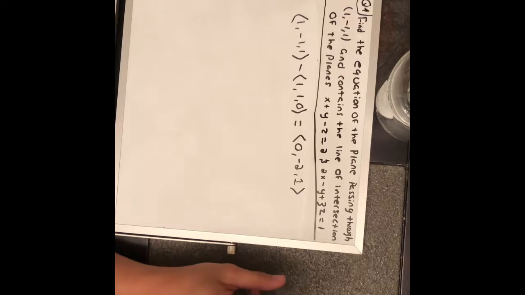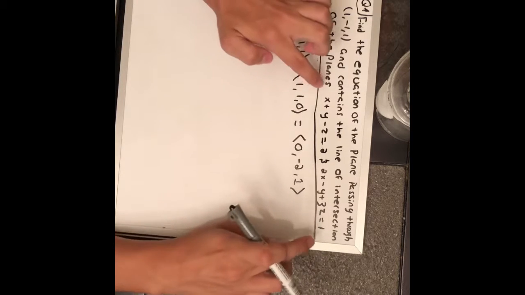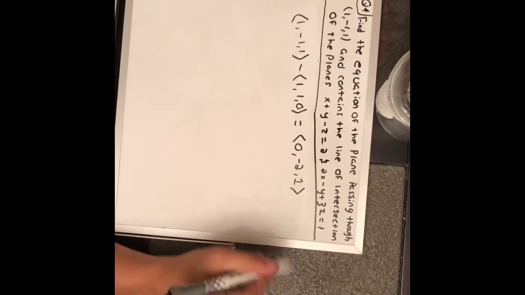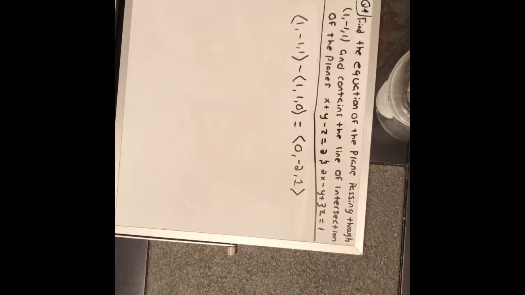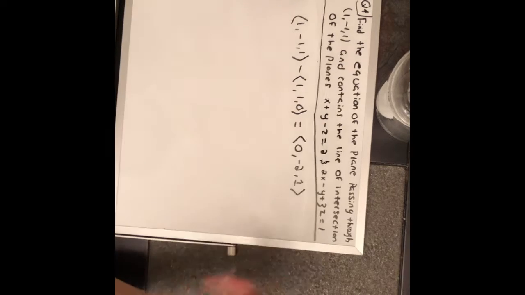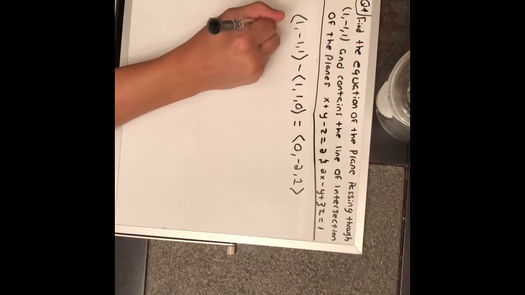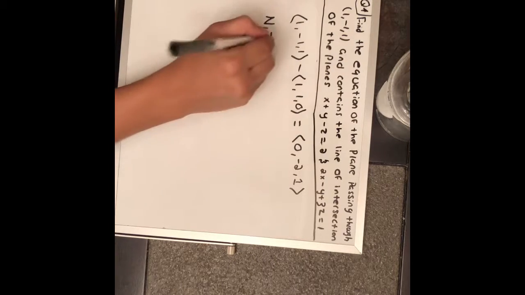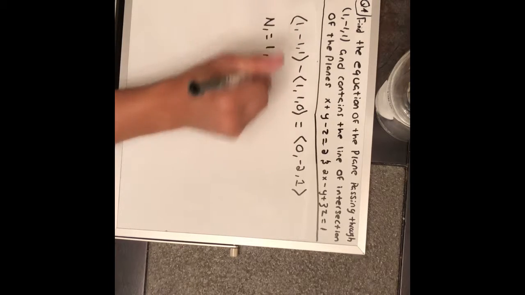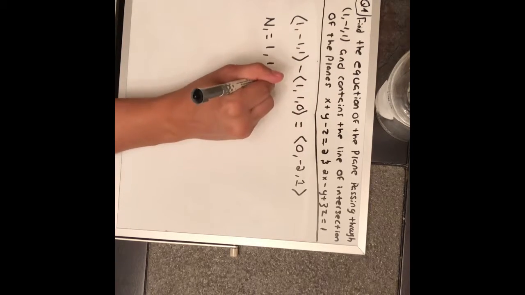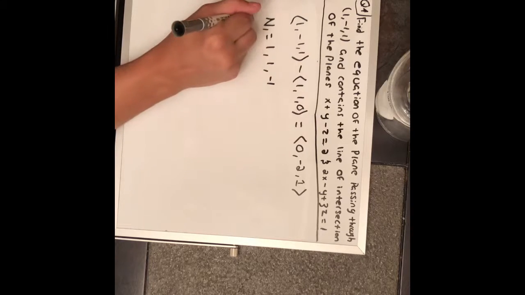Now we're going to utilize these two equations again, but instead of having them in variable form, we take the coefficients as numbers. The first one is x is 1, y is 1, and z is -1.